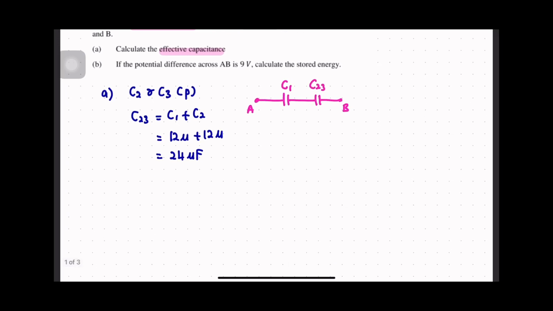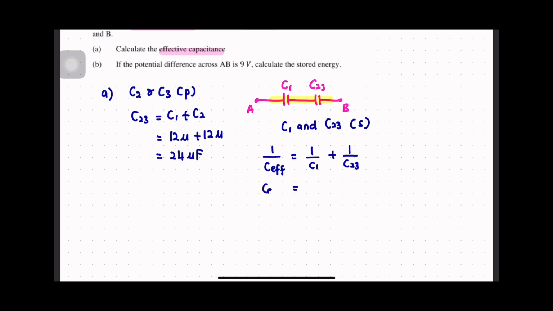And then after that, simplify these two. Okay, C1 and C23, they are connected in series. C1 and C23 is series connection. Okay, so 1 over C effective is equal to 1 over C1 plus 1 over C23.